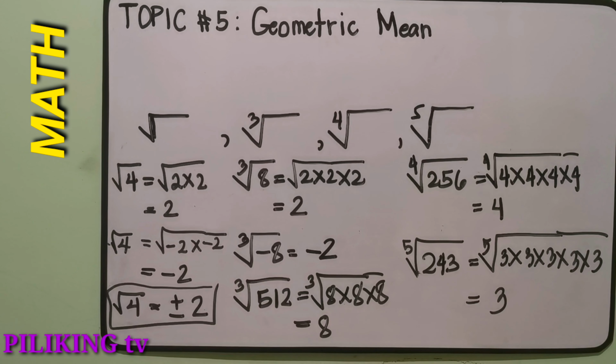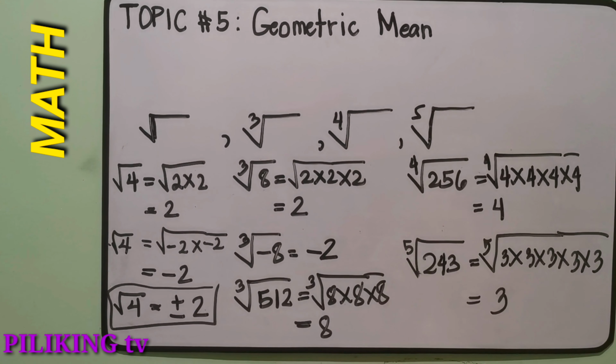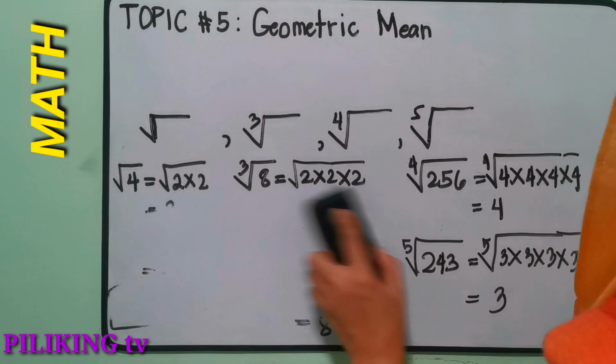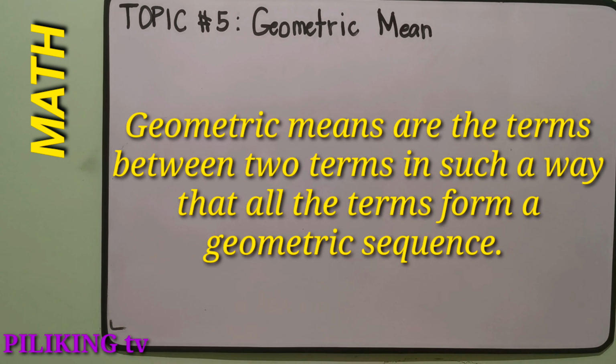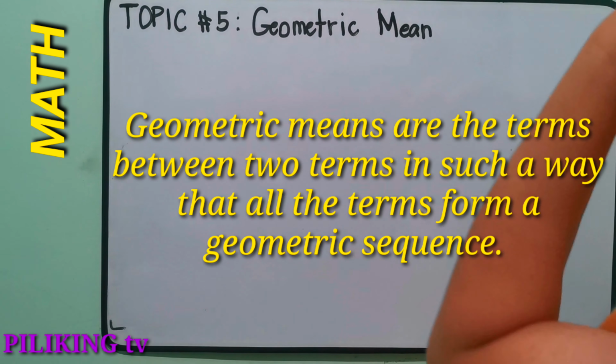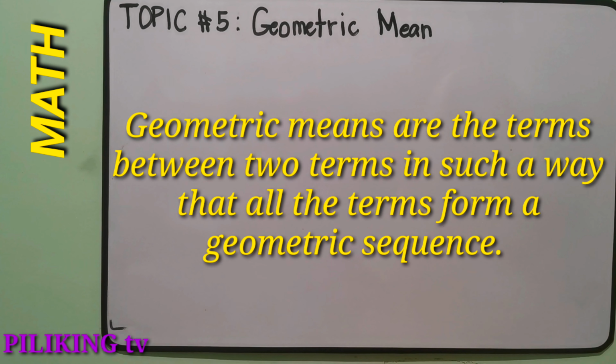Let us now proceed to our topic number 5, which is geometric mean, since you will be encountering roots in solving for the geometric mean. Let us recall that arithmetic means are the numbers between two terms of an arithmetic sequence.